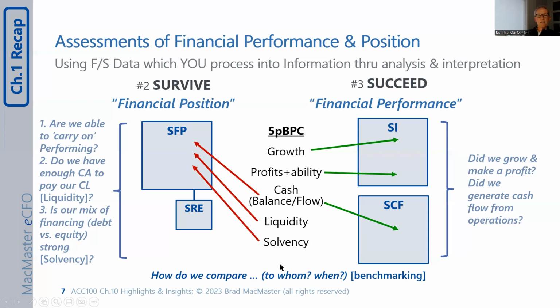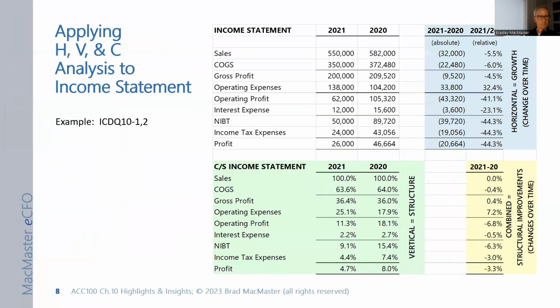In order to make the assessments of cash balance adequacy, liquidity, and solvency, we will harvest data from the balance sheet or the statement of financial position and analyze it using the techniques that we discussed in chapter 10, such as horizontal analysis, vertical analysis, combined analysis, and ratio analysis.